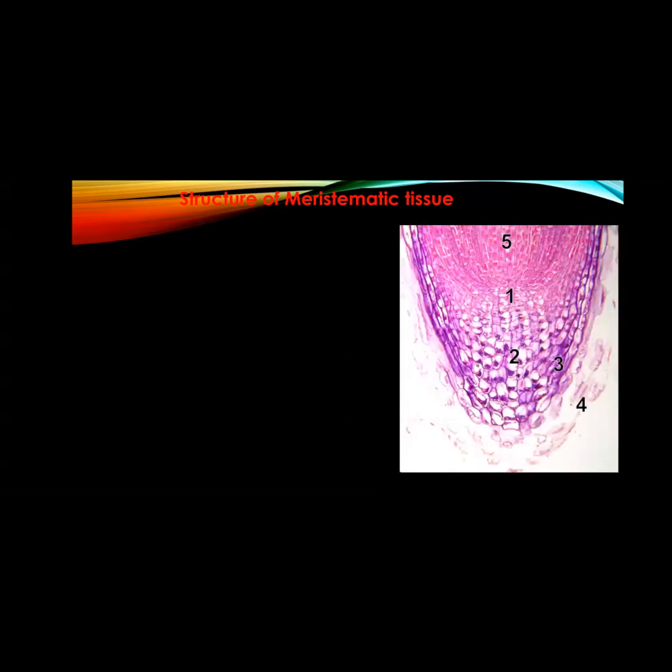meristematic tissue. Now, let us understand what is meristematic tissue. It is a specialized tissue which can divide, redivide, and differentiate. The tissue which has ability to divide, redivide, or multiply and form new tissue or new cell are called meristematic tissue.